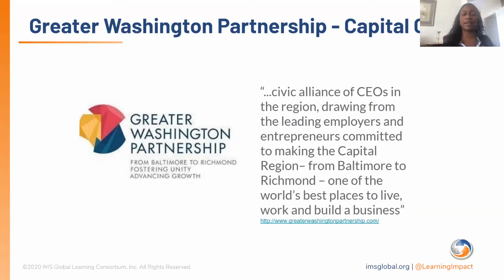The Capital CoLab consists of some of your high-end employers like Amazon, Northrop Grumman, Under Armour, and they're working in conjunction with institutions like UMBC, Johns Hopkins, George Mason, Howard University, to help prepare more students or candidates, I'll say, but I say students because that's who we're working with, candidates for these technical jobs, so that they have some digital competency to be able to step into these digital tech jobs that they expect to be happening over the next 5 years.